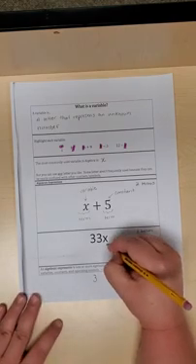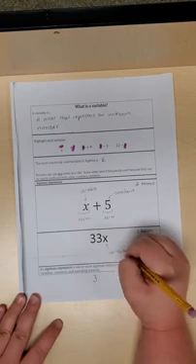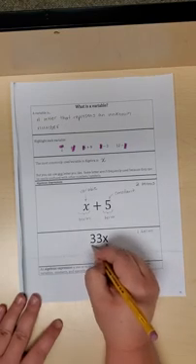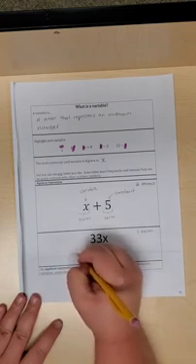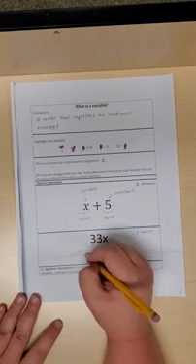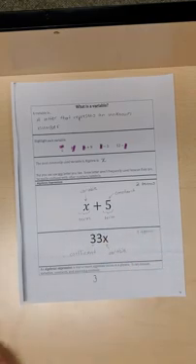The x is still a variable, but the 33 in front is not called a constant. A number in front of a variable is called a coefficient. Okay, so a number in front of a variable means coefficient. A number that's being added or subtracted to a variable is called a constant. That's the main difference, okay?